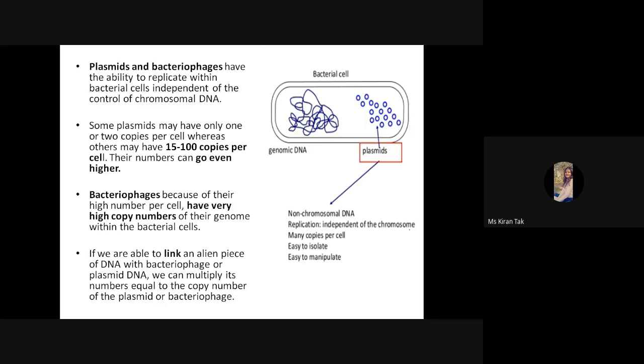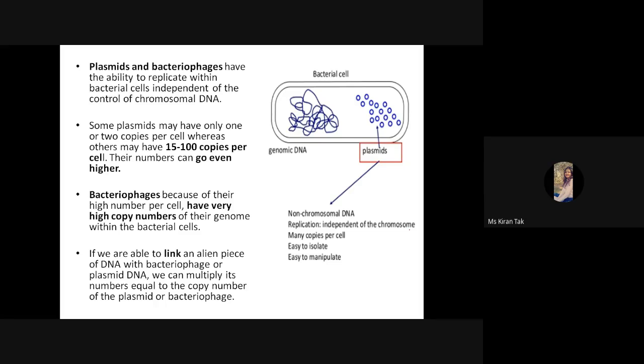Now, as we know, plasmids and bacteriophages have the ability to replicate in bacterial cells independent of the control of the chromosomal DNA, and the number of plasmids in each cell varies, from 15 to 100 copies per cell, and it can go even higher.